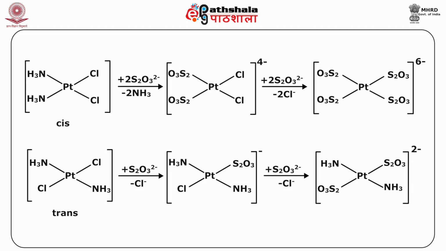On one hand we start with the cis dichloro diammonia complex, and that leads to the formation of the tetra H2O3 substituted platinum complex, whereas if we start from the trans platinum dichloro diammonia complex, we achieve the di H2O3 substituted platinum complex.